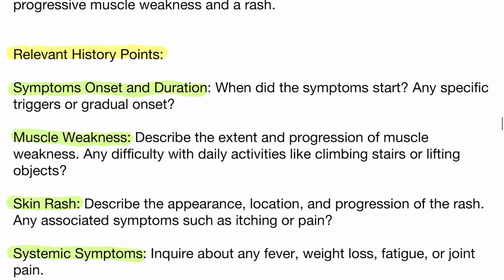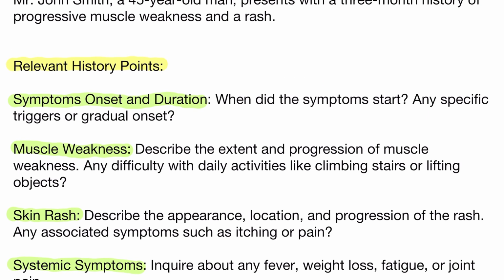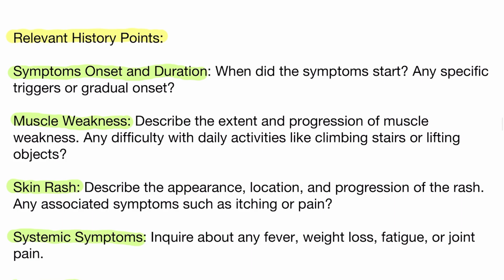So relevant history points, we want to know about the symptom onset and duration. When did the symptoms start? Any specific triggers or gradual onset? Regarding the muscle weakness, we want to know about the extent and progression of muscle weakness.